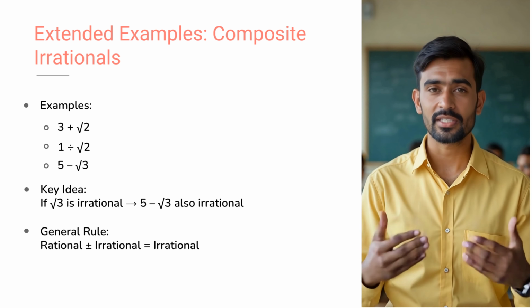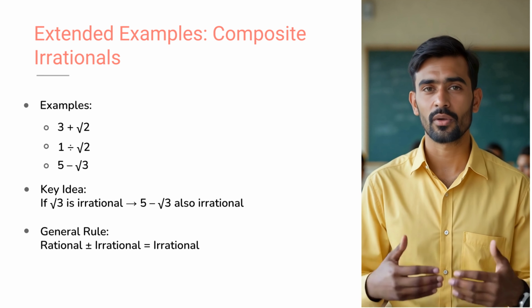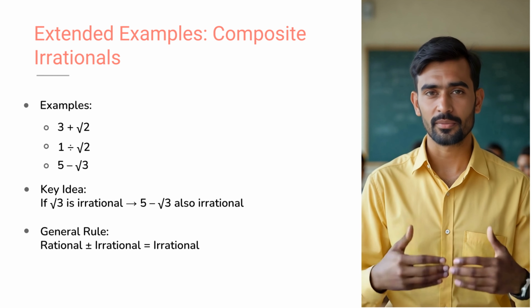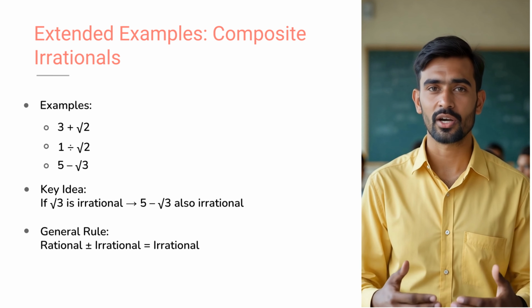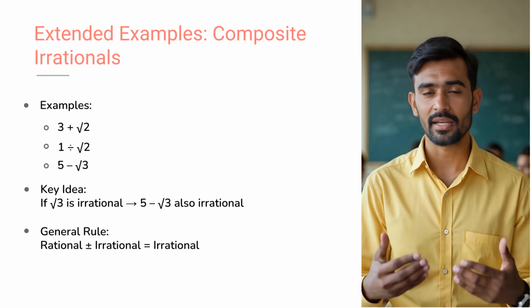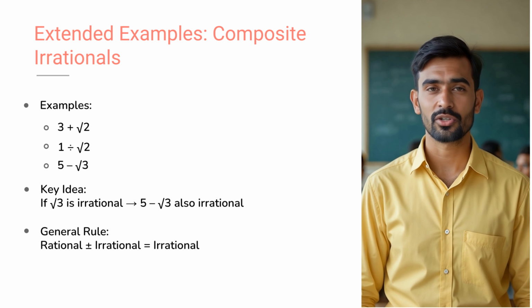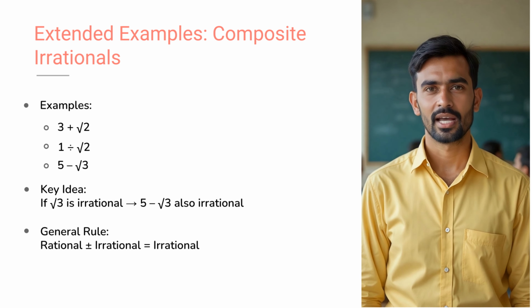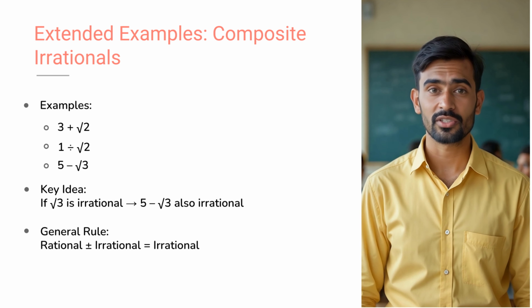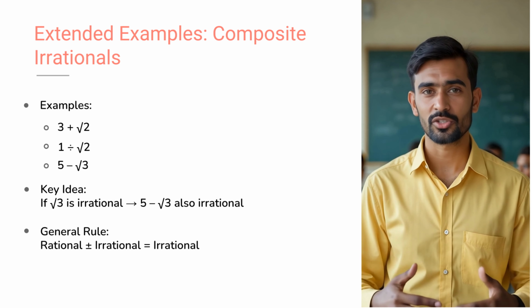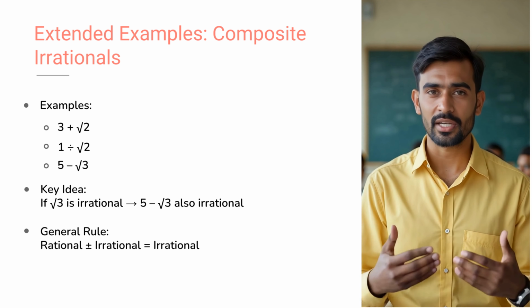What about numbers like 3 plus square root of 2 or 1 divided by root 2? Turns out, those are also irrational. Let's try one. Suppose 5 minus square root of 3 is rational. That means 5 minus square root of 3 equals a over b, which means square root of 3 equals 5 minus a over b.